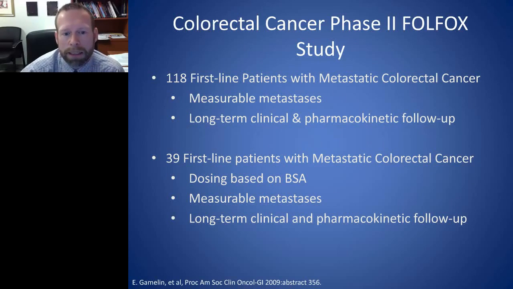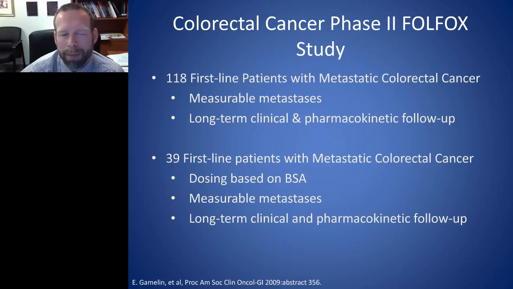In some other work that may have been published later, the slide that I have here is from an abstract that was submitted at ASCO. You'll see that this was another phase 2 study using FOLFOX, where there were almost 120 patients with metastatic colorectal cancer, and then about 40 patients that were given the body surface area dosing.